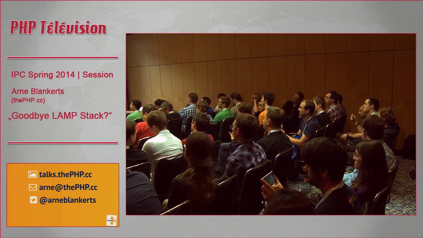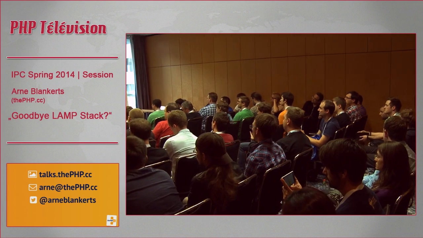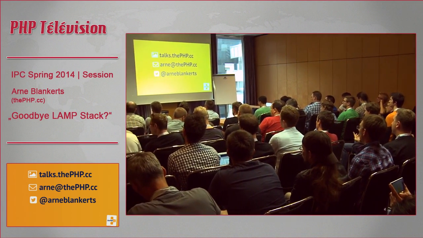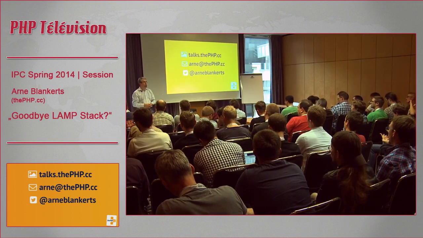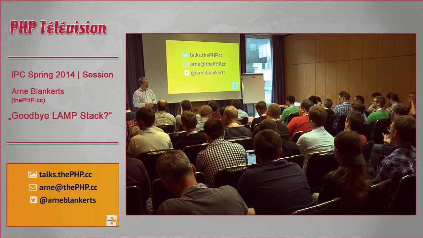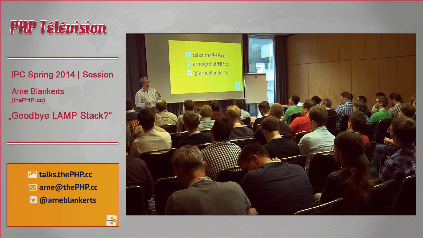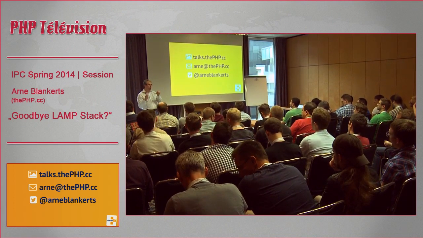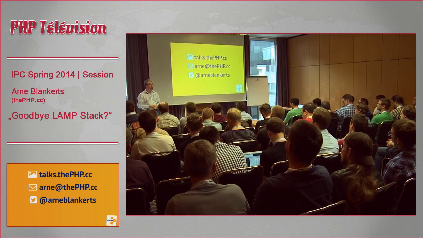IP stuff always has connecting, handshake, all kinds of things. Even though it's local, it's still IP, so it has an overhead. And yes, you're going to notice that on a really loaded machine. If you just run a test environment, you're not going to notice the difference. But on really loaded machines, you're going to see it. The funny thing is that if you have high traffic sites, this is not really a question anymore because you're not going to have the web server and PHP on the same machine anyway. So you cannot use sockets.